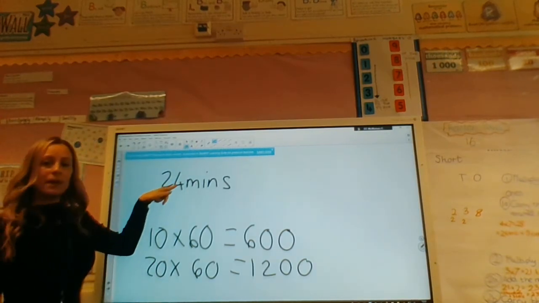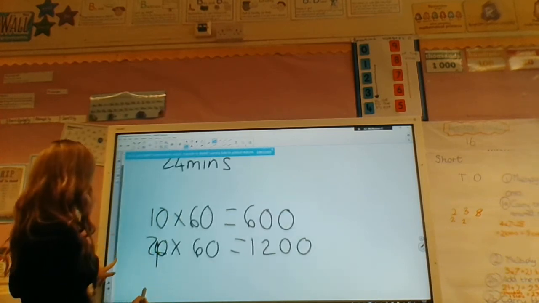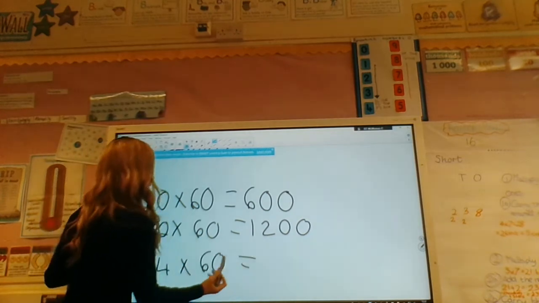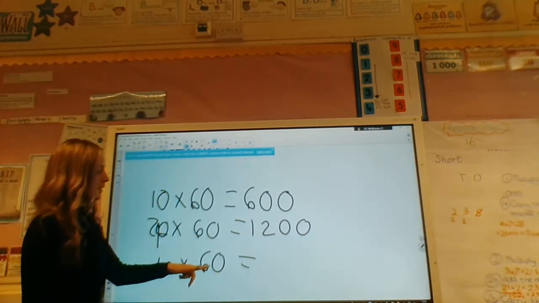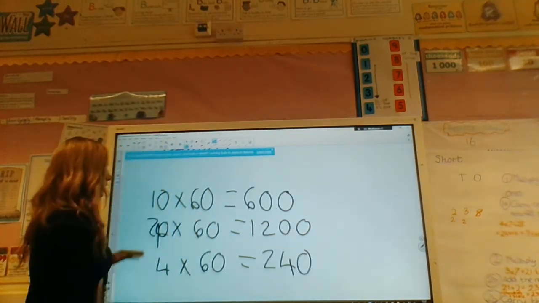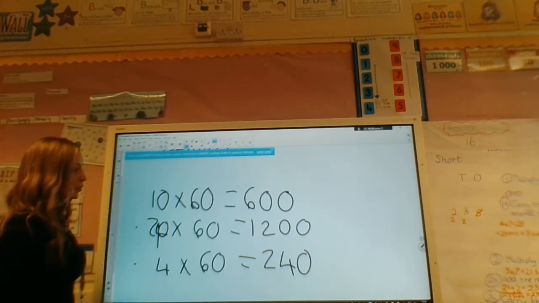Now we need 4 minutes. So what is 4 minutes in seconds? Oh, 4 times 60. So 4 times 6 is 24, but it's 4 times 60, so it would be 240. So you need to put together 20 times 60 and 4 times 60.